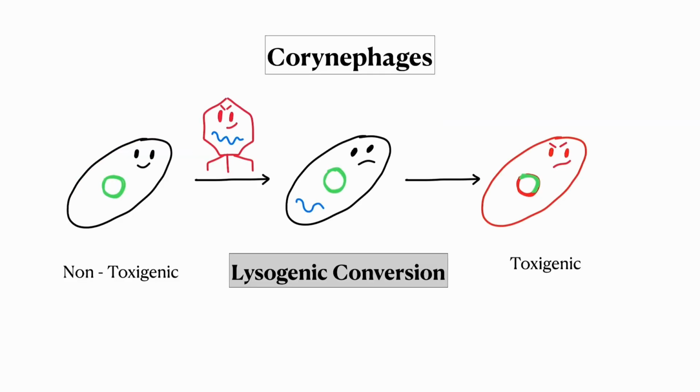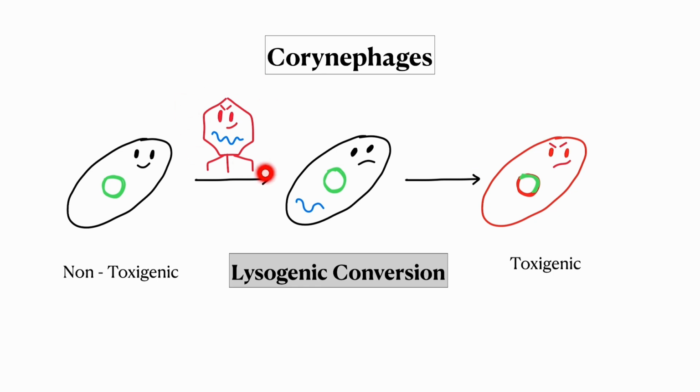Next, I would like to shed some light upon the concept of lysogenic conversion, wherein initially the Corynebacterium diphtheriae is a non-toxigenic, happy bacteria with no toxicity. But what happens later is that a bacteriophage comes, especially known as Corynebacteriophage, which has got an evil genetic material.